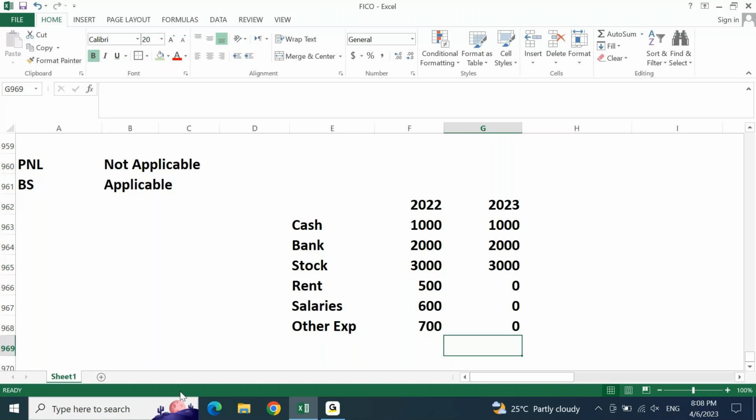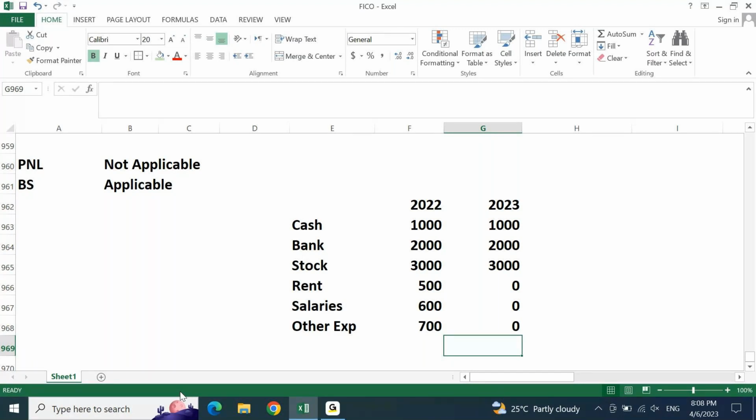All your P&L account balances will be made 0 by taking the leftover amount into the retained earnings account. So tomorrow if somebody asks what will happen to your P&L account balances at the year end, all your P&L account balances will be made 0.